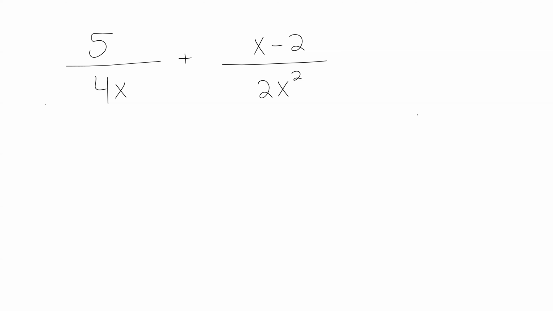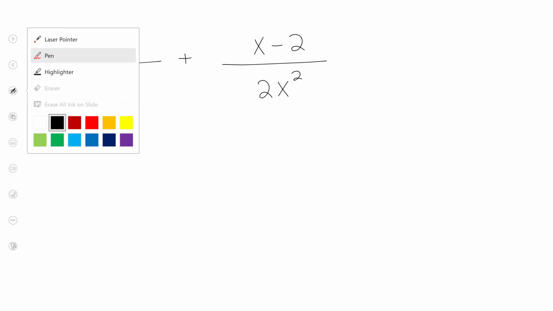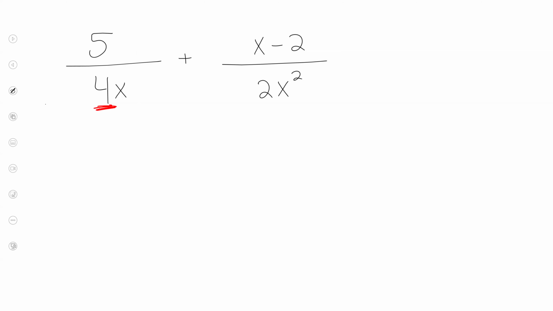Let's do this example. Let's look at the numbers first. This has a 4 in the denominator, and this has a 2. What do I need to do so that they're the same number? Yeah, multiply this by 2. If I multiply the bottom by 2, I also need to multiply the top by 2.